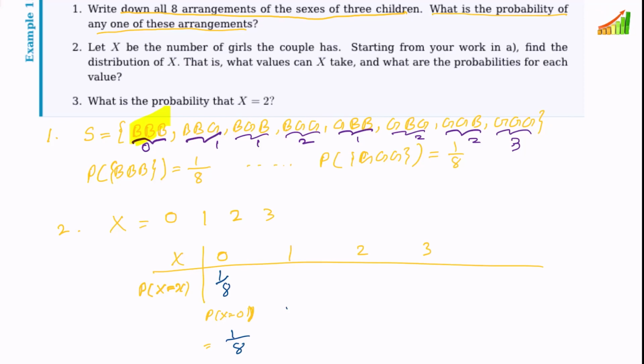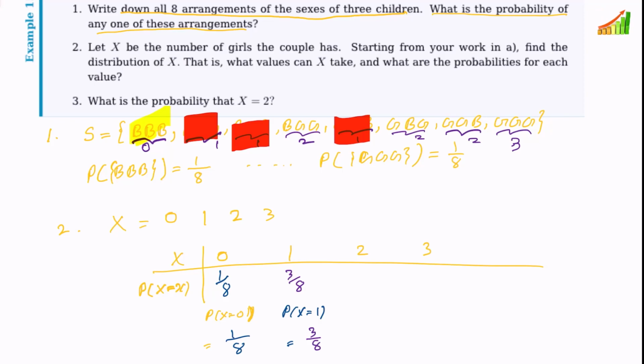Now probability x equals 1. That means 1 girl. How many do we have with 1 girl? Here 1 girl, here 1 and here 1. We have 3 elements, right, with 1 girl, or 3 sample points. Therefore, 3 over 8. How about x equals 2?